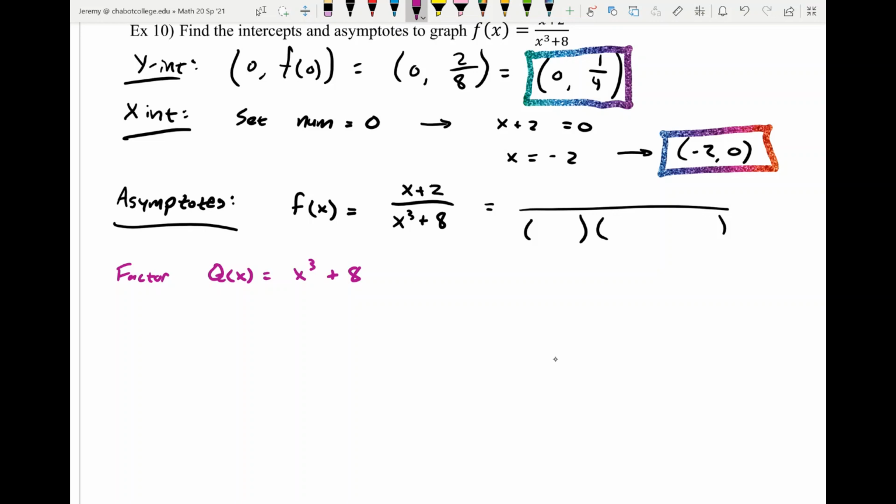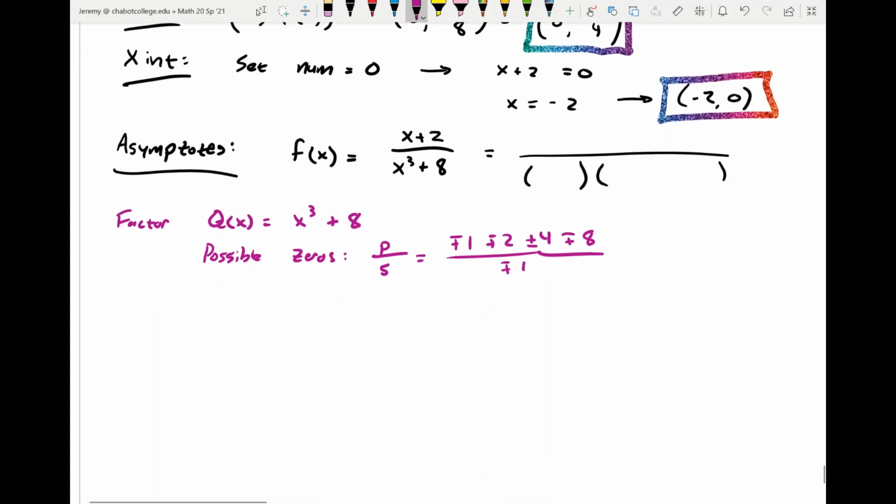So remember the possible rational zeros are going to be in the form p over s, where p is all the integer factors of 8, so plus or minus 1, plus or minus 2, plus or minus 4, plus or minus 8, all over plus or minus 1, where s is the integer factors of the leading coefficient, 1.